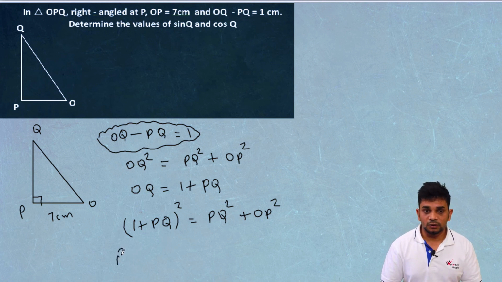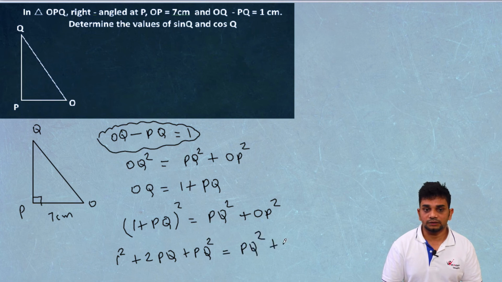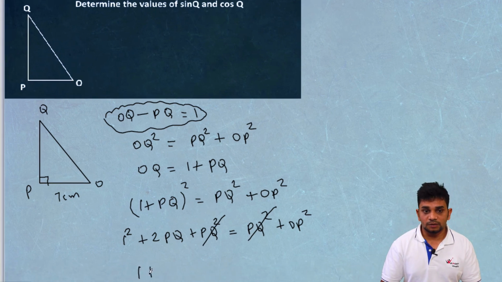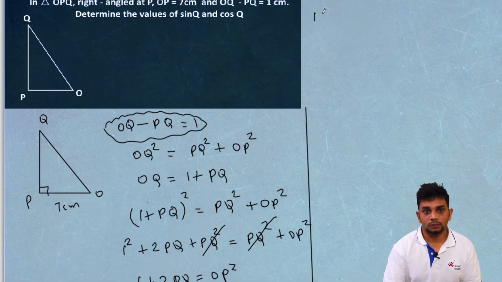It will be 1 square plus 2PQ plus PQ square equal to PQ square plus OP square. This PQ square and PQ square will cancel each other. It will be 1 plus 2PQ equal to OP square. The last equation is 1 plus 2PQ equal to OP square.